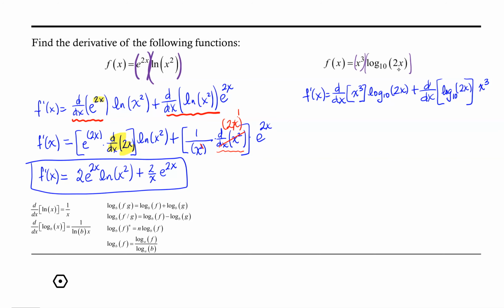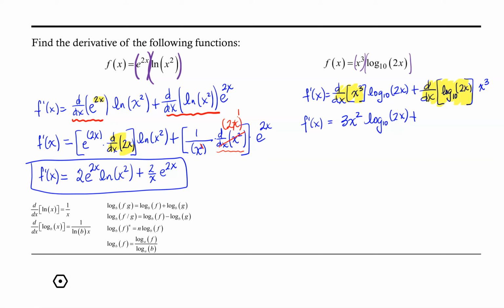Okay, so now we need the derivative of x cubed, the derivative of x cubed is 3x squared. So f prime of x is 3x squared times log base 10 of 2x plus, and now we need the derivative of log base 10 of 2x.